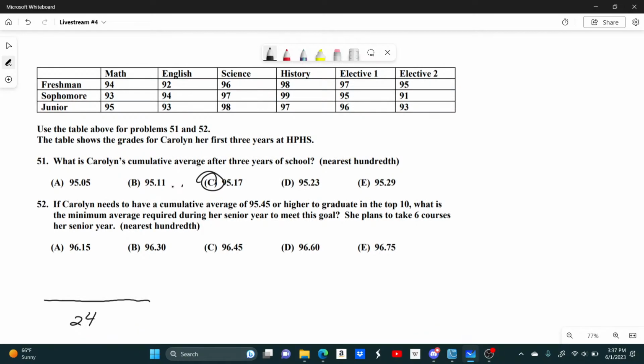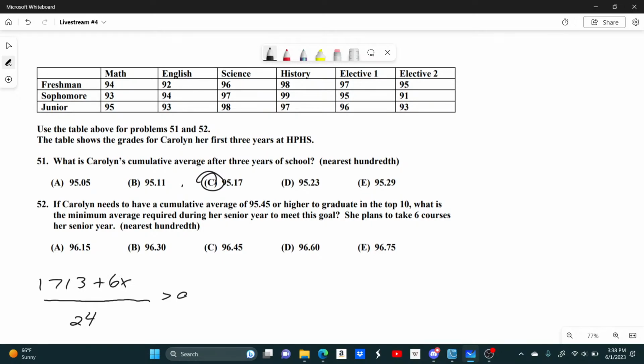So this is basically just the sum of all of her classes. For her freshman, sophomore, and junior year, if I multiply that average by 18, I get a sum of 1,713. Plus the points that she would get from her senior year would be 6 times the average from her senior year.